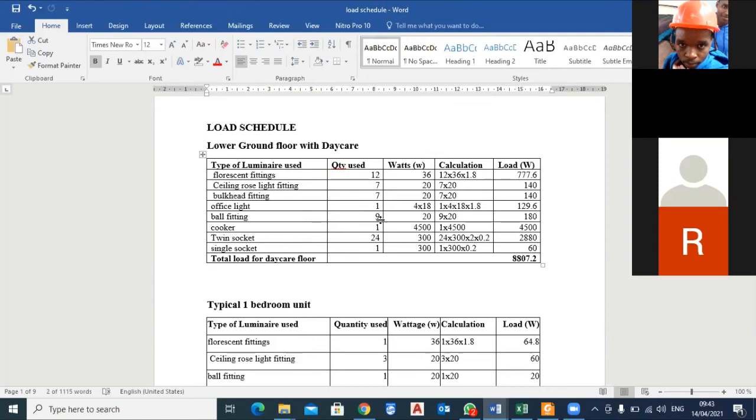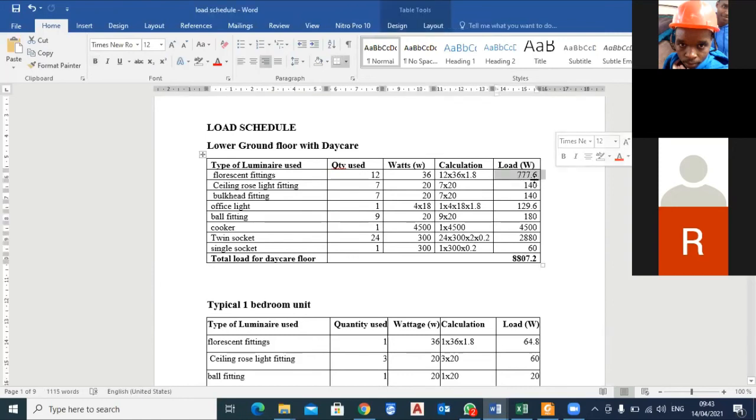The powers we have are 776, 140, 140, 129, 1367, right? Yes. 1367 watts. That's what we have. But the maximum that it can carry is 2784 watts.